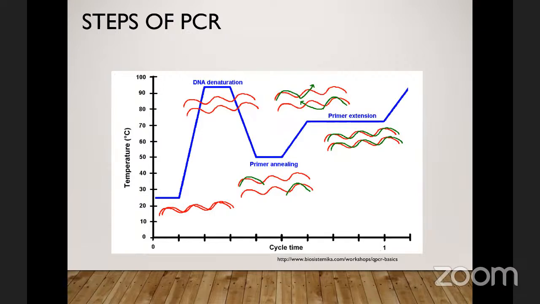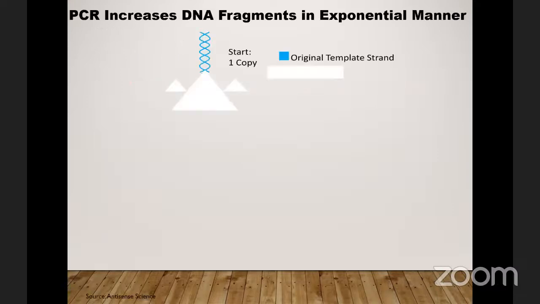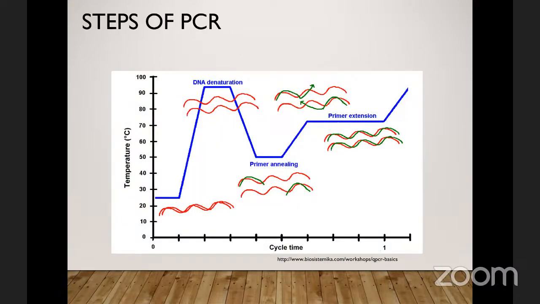Okay, so this is also an explanation of the heat profile. So you can see here, this is an example of a PCR program. I had a template DNA at the bottom, double-stranded. You can see increase in temperature to around 95 degrees Celsius.